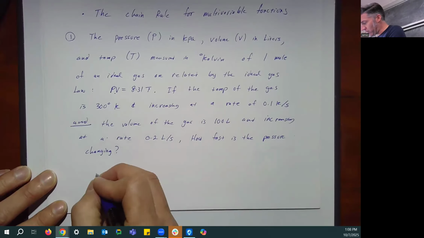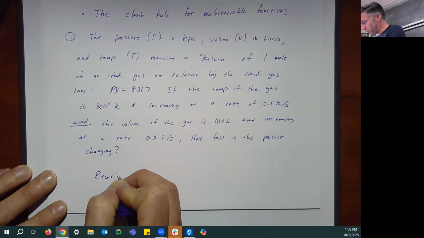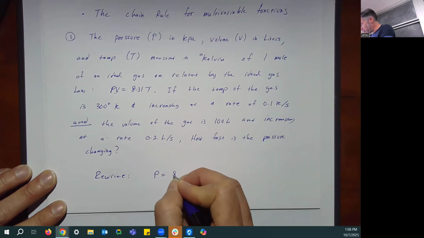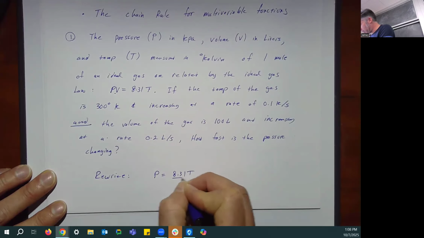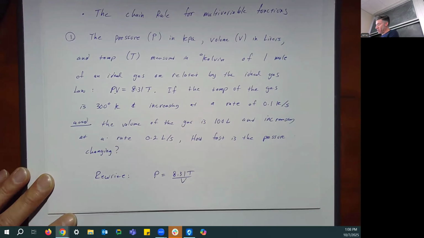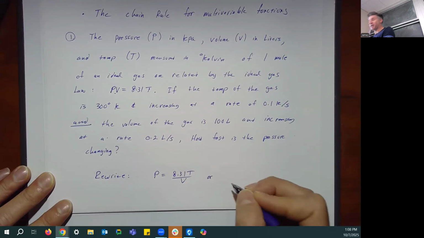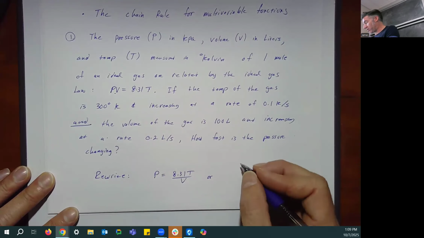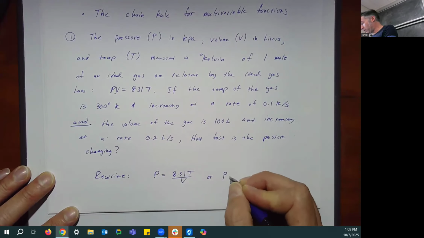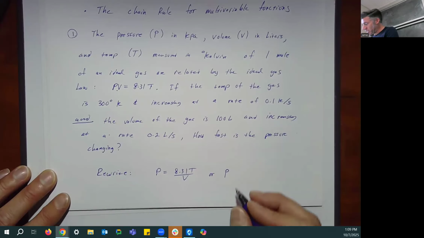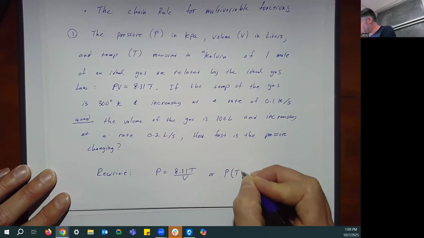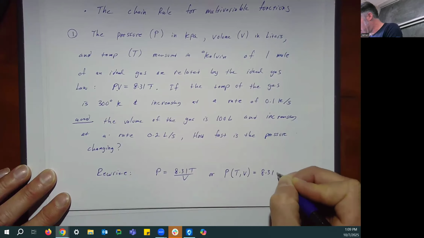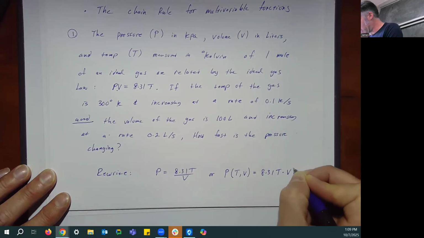So we're going to first rewrite our equation as P equal to 8.31 T divided by V, or it might be more convenient to write it as 8.31 times T times V to the negative 1 if we're going to be taking some derivatives here. I'll point out that P, pressure, in this context is a function of temperature and volume, and it's equal to 8.31 times T times V to the negative 1.